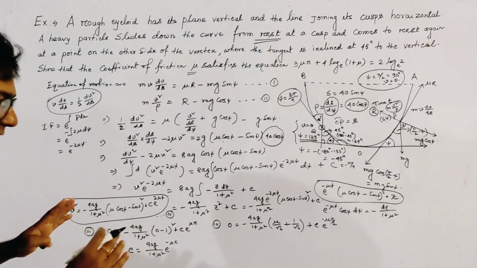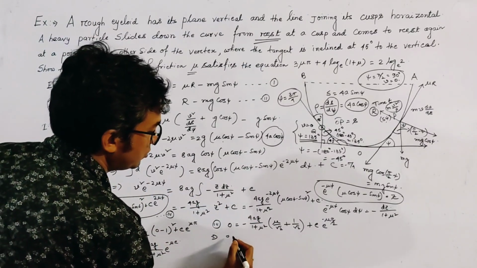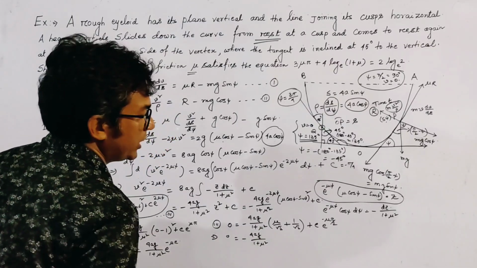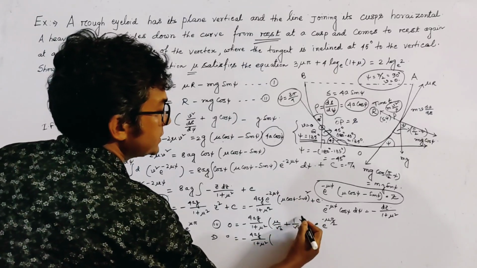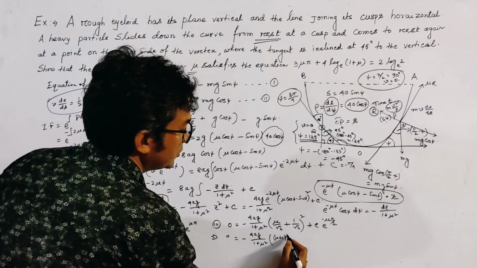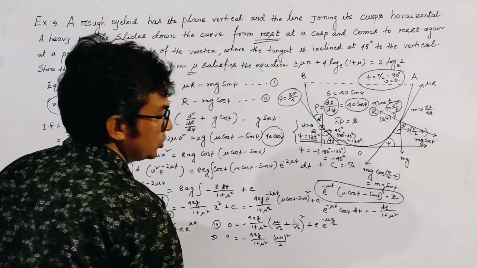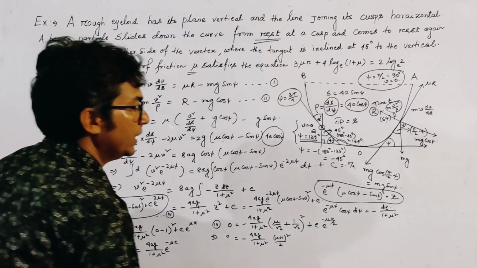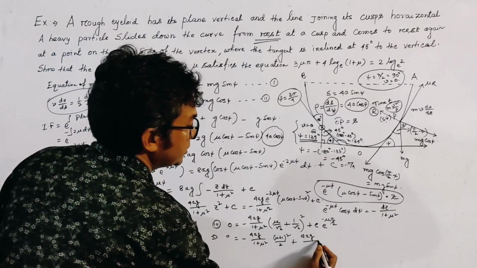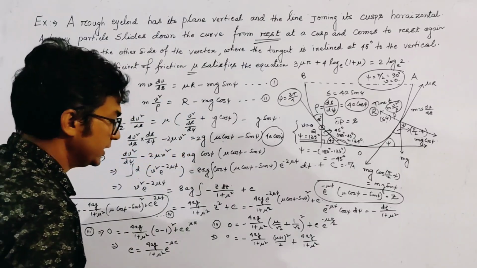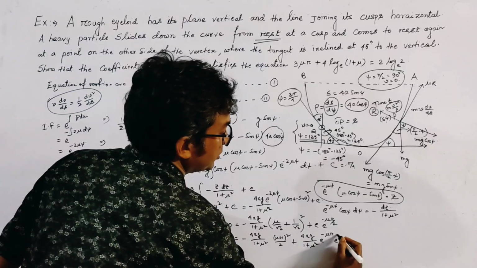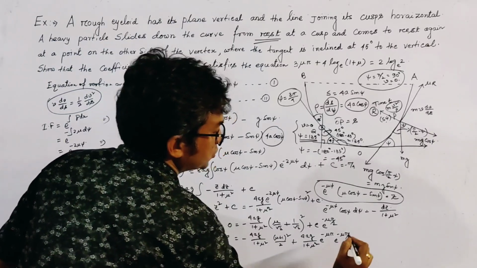We put this value of c in the second relation and getting the result as this is 0, this is minus 4ag by 1 plus mu square, and this is here a square, and we get mu plus 1 whole square by 2 because LCM is root 2, plus the value of c we put here 4Ag by 1 plus mu square into e to the power minus mu pi into e to the power minus mu pi by 2.